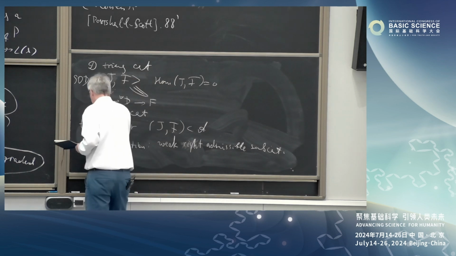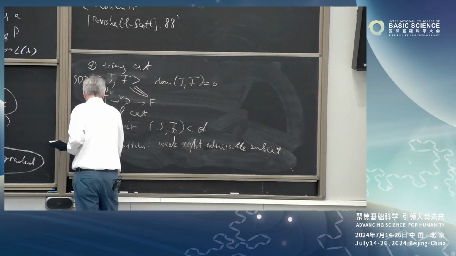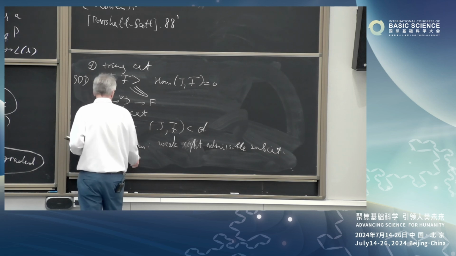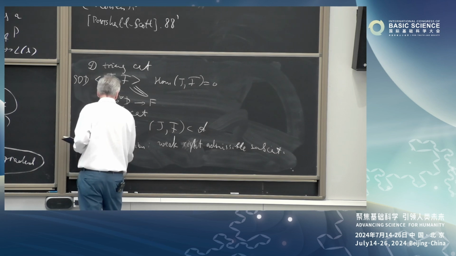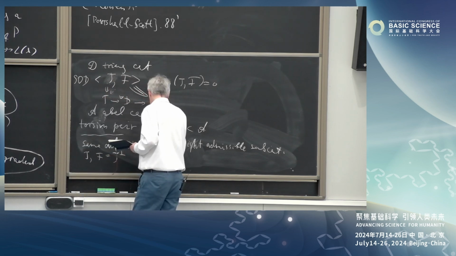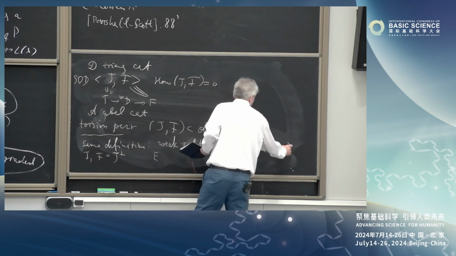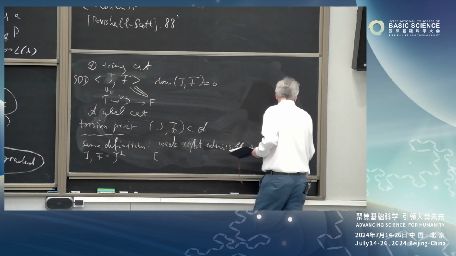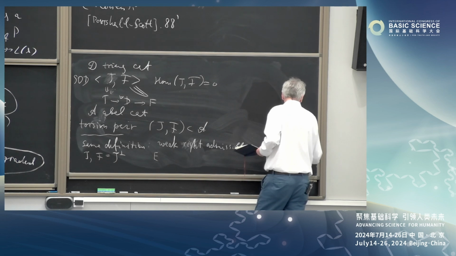So it's about the pair T and F. We take F to be the right orthogonal to T, and we require every object E. So we're speaking about a weak admissible subcategory T in the exact category.